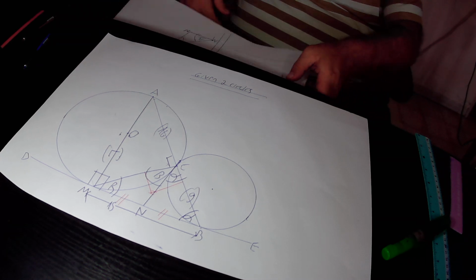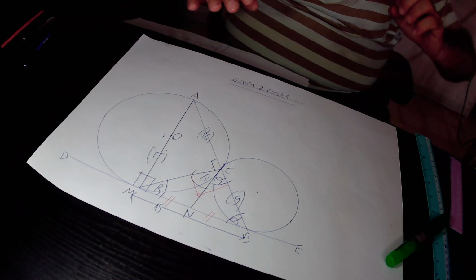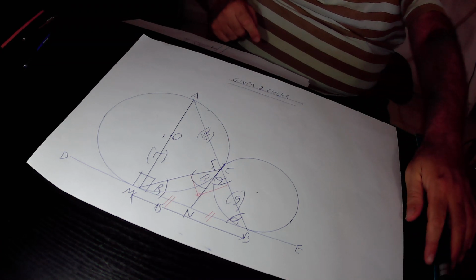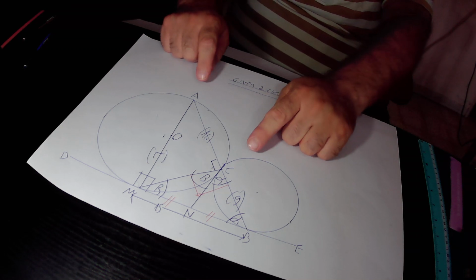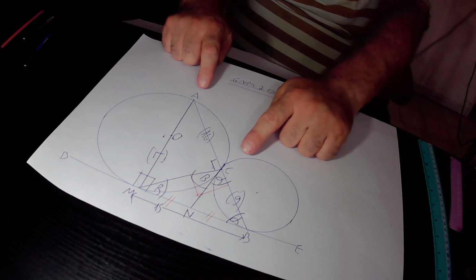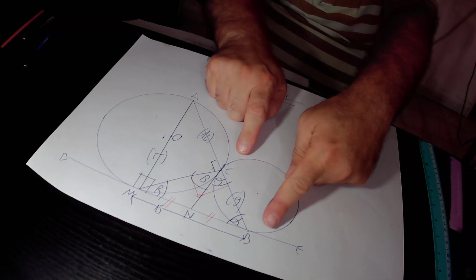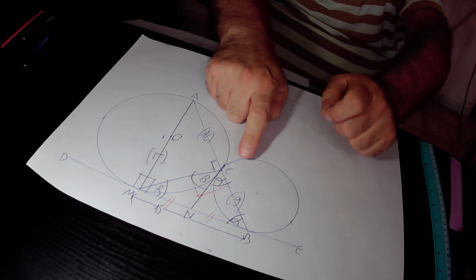So in the drawing, we have those two circles that touch each other at this point C. In addition, we know that AC is equal to 6 units in length. CB is equal to 9 units in length.